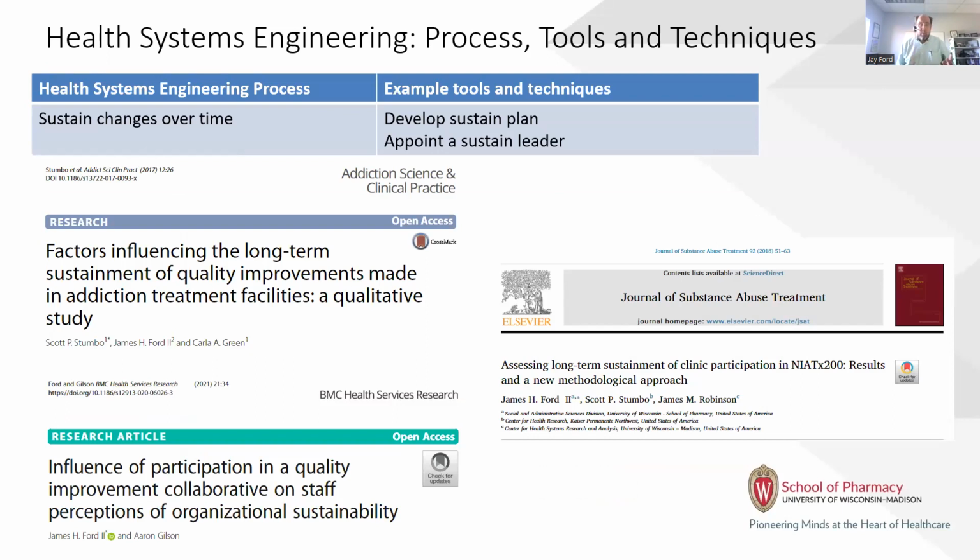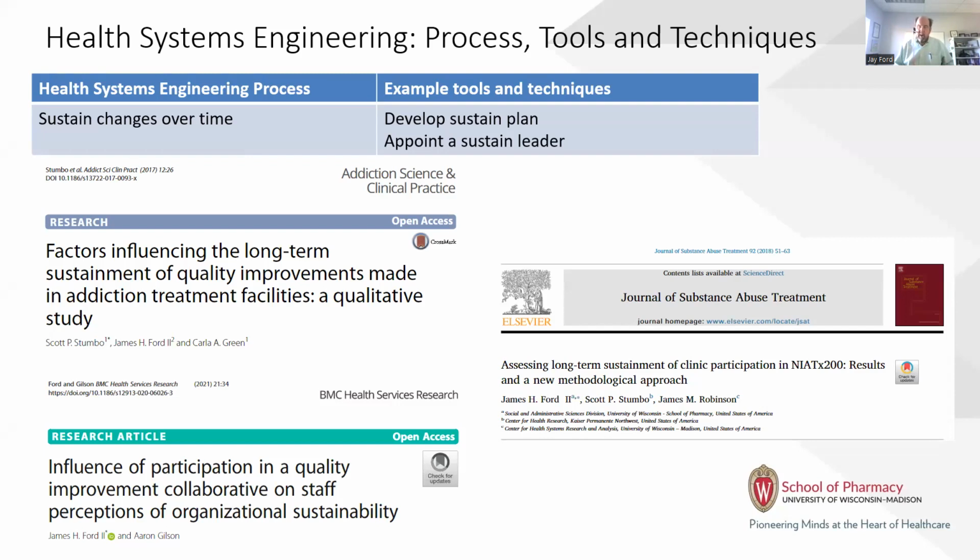Now, I've done some research, and I know others probably have, maybe on this call. I know there's a lot of emphasis in the D&I community on sustainability. But I would argue that integrating health systems engineering processes to address sustainability or sustainment of change is challenging. The evidence would suggest that similar approaches associated with implementation and the use of health systems engineering would work.